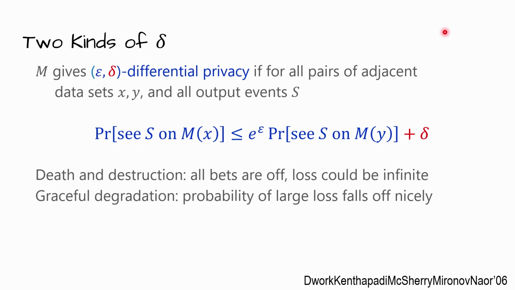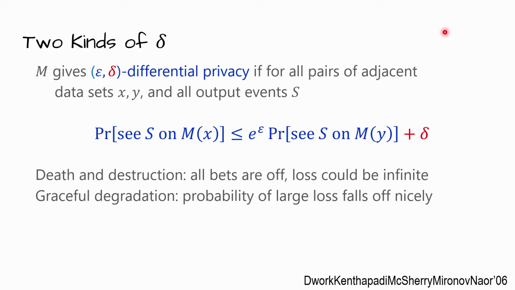For the rest of today, we're looking at a graceful degradation that I alluded to yesterday. This actually happens with Gaussian noise. If you add Gaussian noise with the right variance, then with high probability, your privacy loss will be bounded by epsilon.